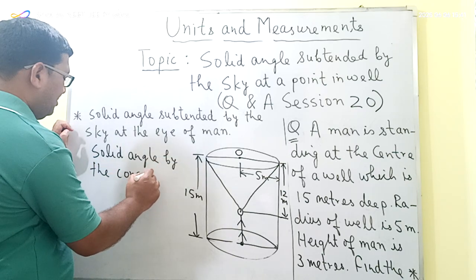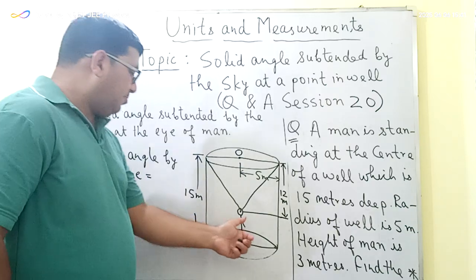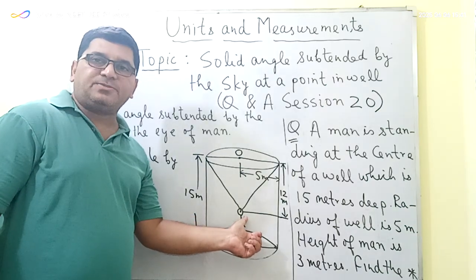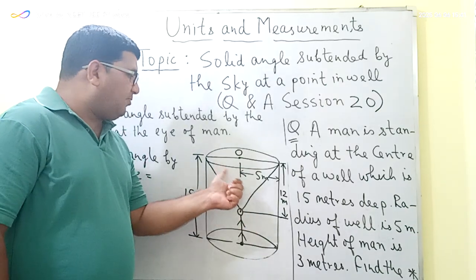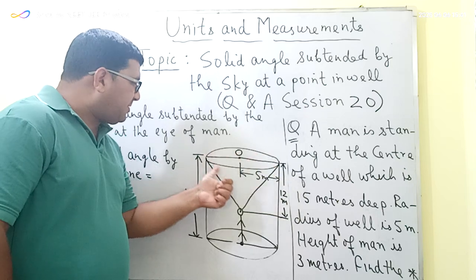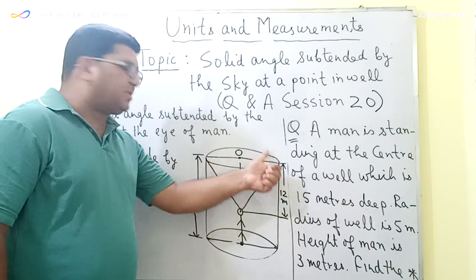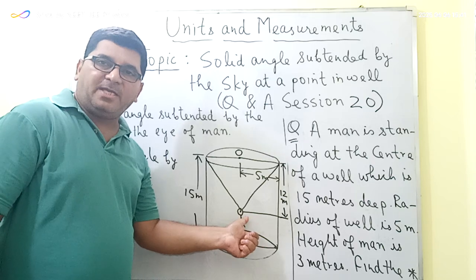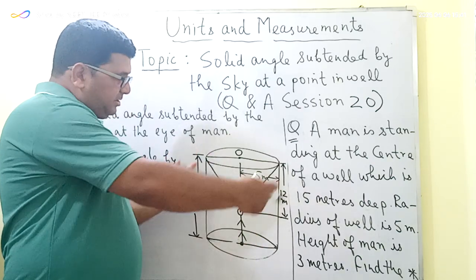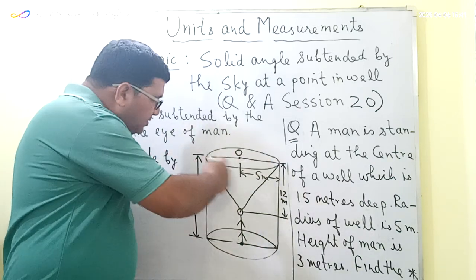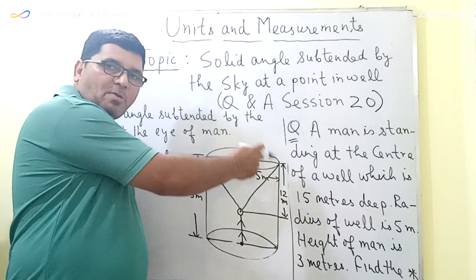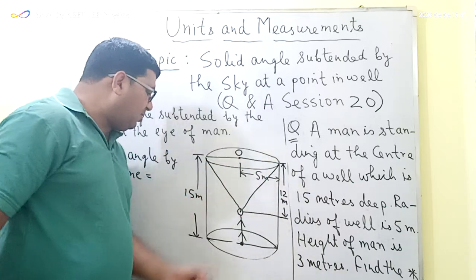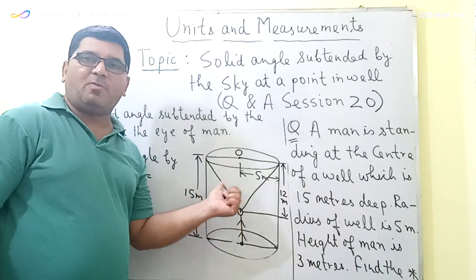at the eye of this man, or you can say we have to find the solid angle subtended by this top surface of the well at the eye of the man, and the amount of space enclosed by this surface will be in the form of a cone.